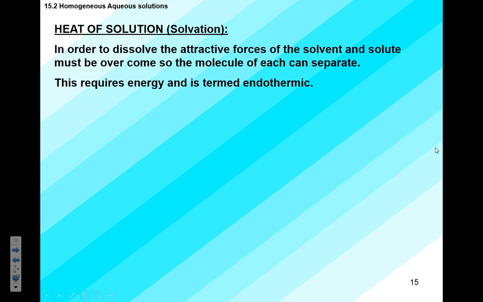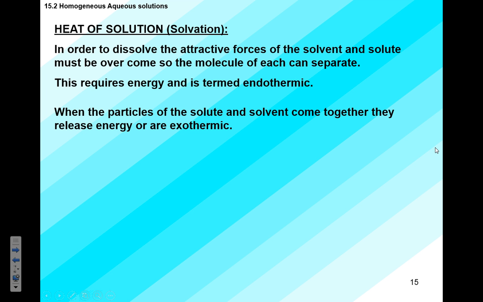Now, less intuitive for most students to understand, but remember, we're talking about the exact opposite process. So hopefully it makes sense that the energy would be the opposite, would be what happens next. The solute and the solvent particles are now going to come together and form a new bond that didn't exist before. Now, when you form bonds, and this is not as intuitive, but remember, it's the opposite. When you form bonds between particles, they go to lower potential energy.